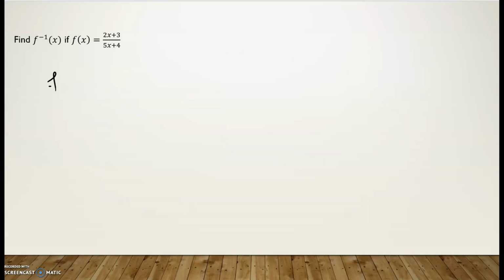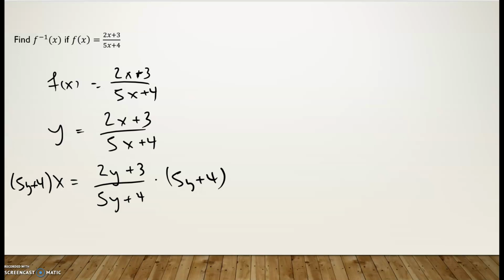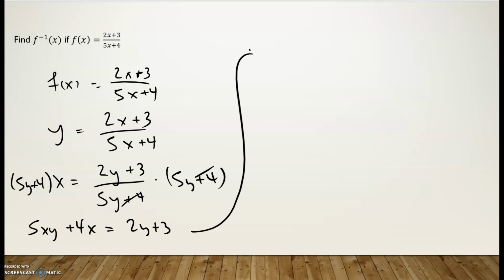For this one, the first thing we're going to do again is change f of x to y, and switch your x values and your y values. Now I'm going to multiply both sides by 5y plus 4. It cancels out here, and I have 5xy plus 4x is equal to 2y plus 3.